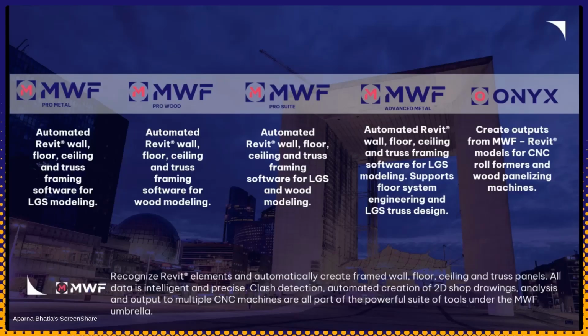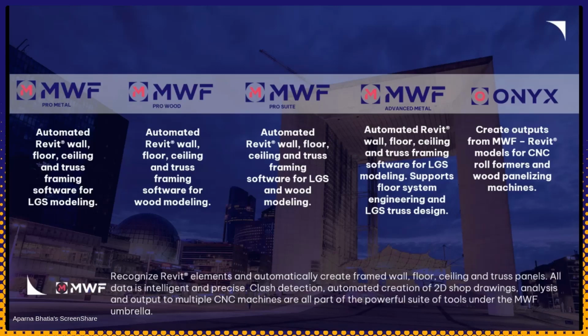MWF Pro Wood allows you to do the exact same for wood modeling or wood framing. And then Pro Suite allows you to do a mix of both. So if you're a contractor and you have subs under you that work with steel and wood, you can use Pro Suite. That will allow you to tackle both types of projects.